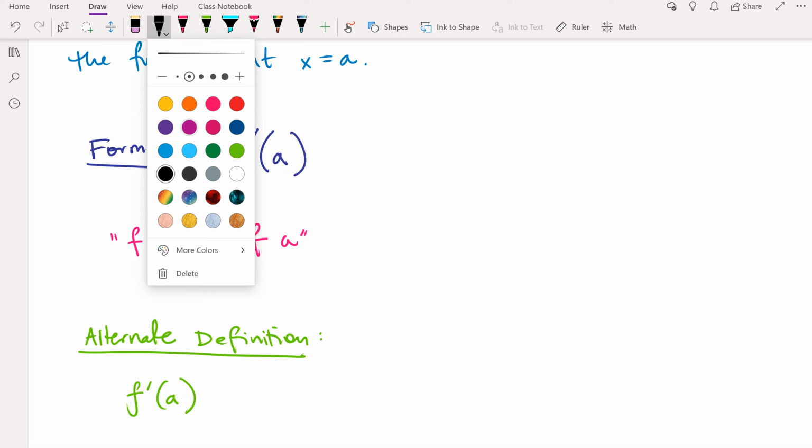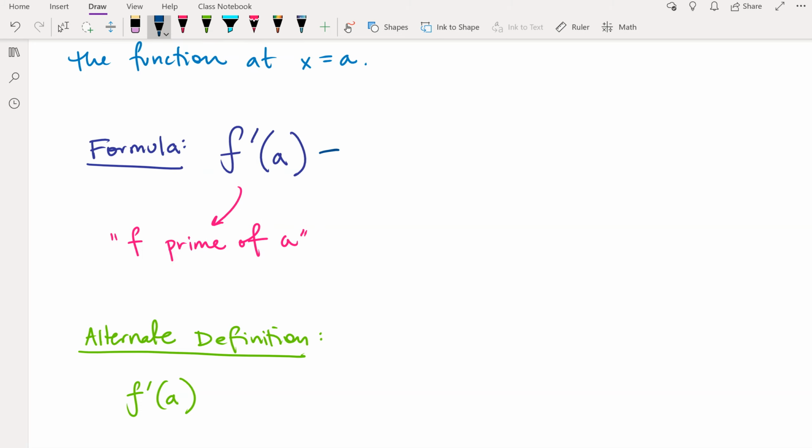So f prime of a equals, and this is one definition of the derivative using limits. So we're going to do two different definitions, both using limits. The first one is the limit as h approaches 0, this one's the most common definition used in calculus, of f of a plus h minus f of a over h.